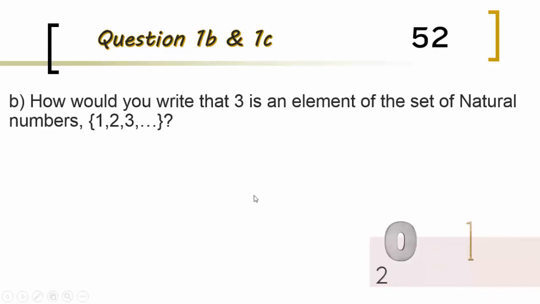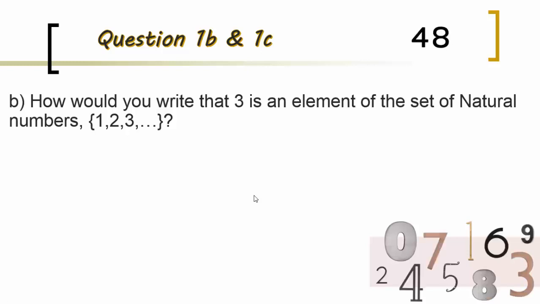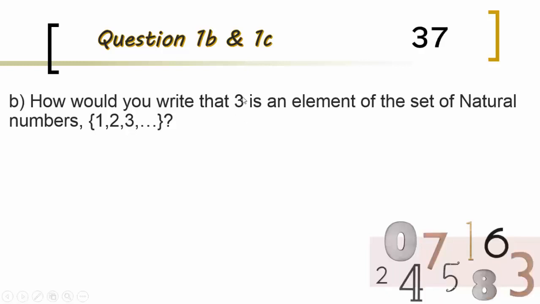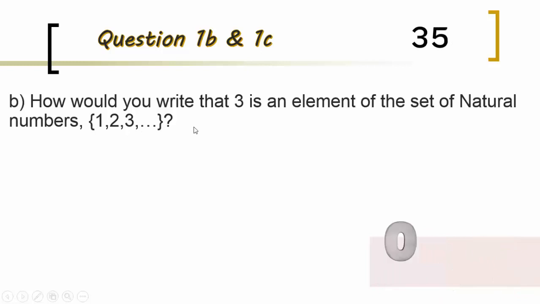So now we want to ask ourselves, how would we write that 3 is an element of the set of natural numbers? Well, we see that 3 indeed is in here because that's a natural number. Even 7, 8, 9 are in here too.